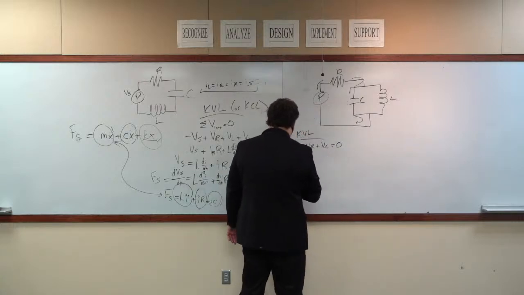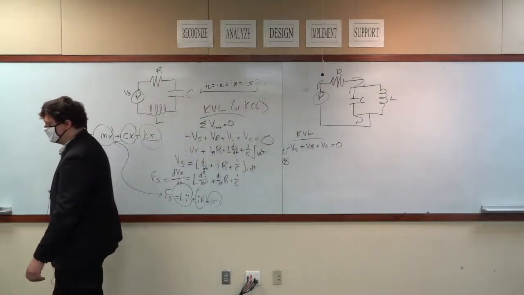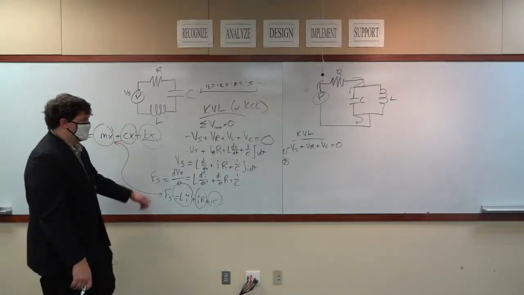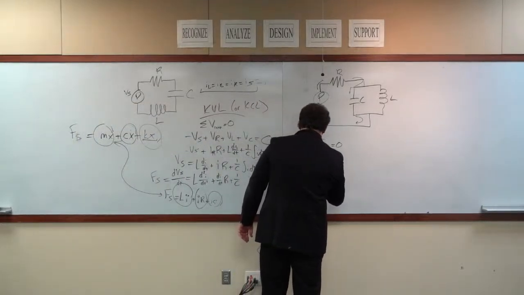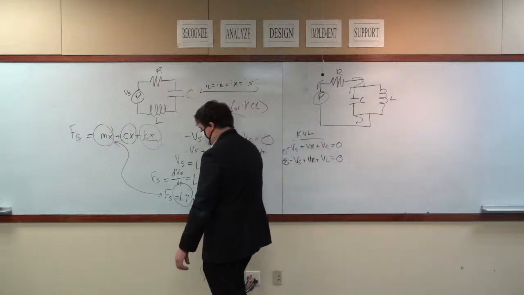Equation 2 from KVL, what's different? You're using an inductor instead of the capacitor. So equation 2 is negative Vs plus Vr plus Vl equals 0.